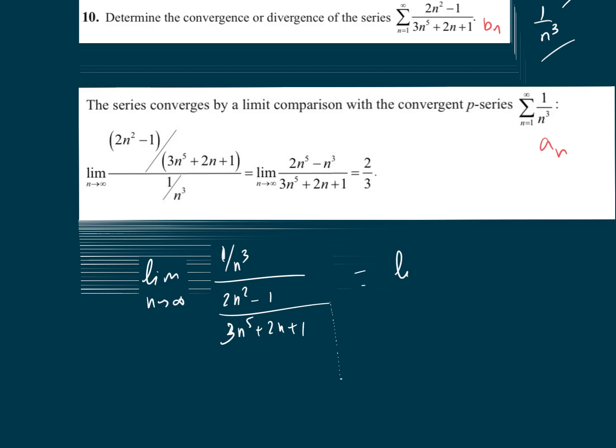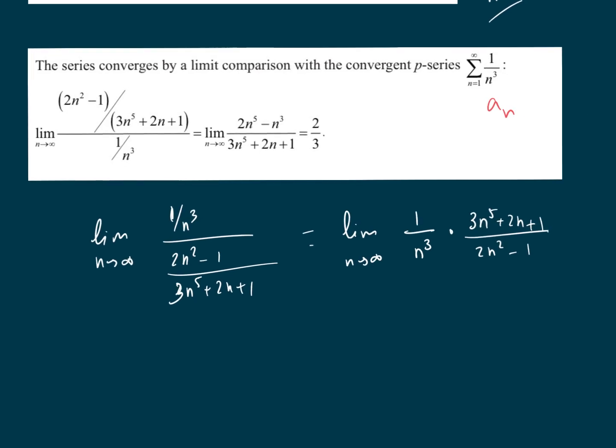And this limit is the limit when n goes to infinity of what? 1 divided by n cubed multiplied by (3n^5 plus 2n plus 1) divided by (2n squared minus 1).